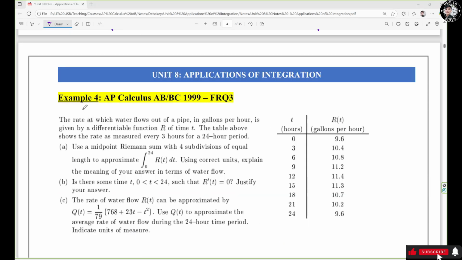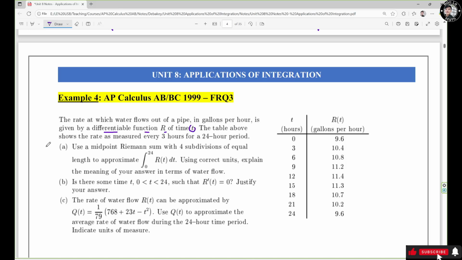Now let's move on to example number 4. This is the AB Calculus AB BC 1999 free response question 3. The rate at which water flows out of a pipe in gallons per hour is given by a differentiable function R of time t.